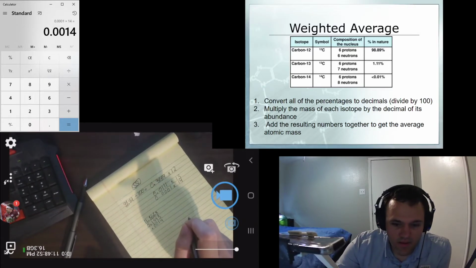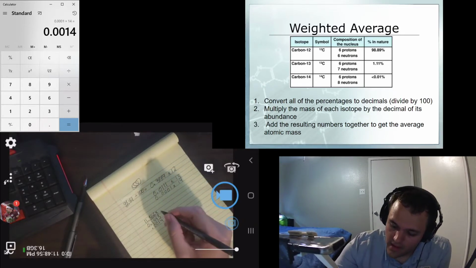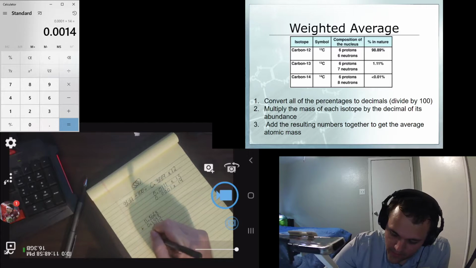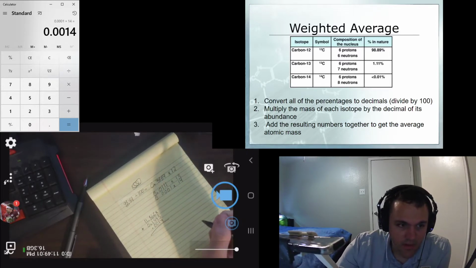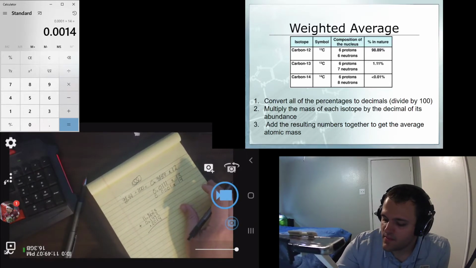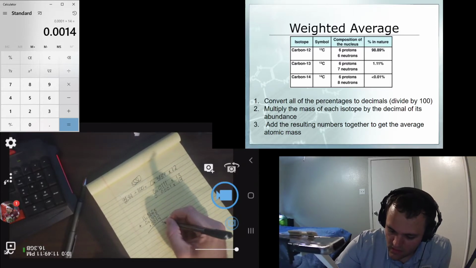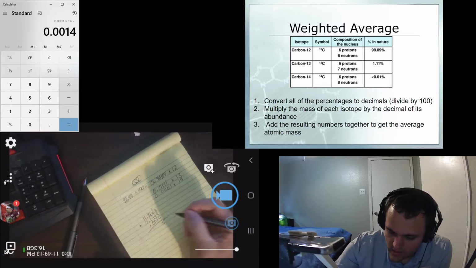And then your last step is to take these three numbers you got by multiplying and add them all together to get your final answer. That final answer will be the average atomic mass of your element. So 8 plus 3 plus 4 is 15. Carry the 1 over.